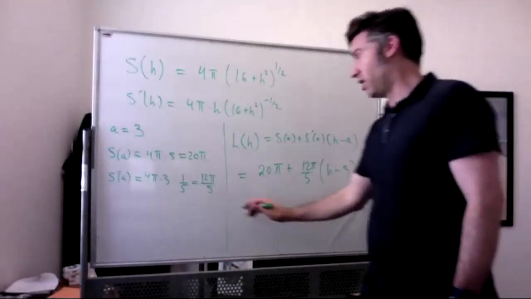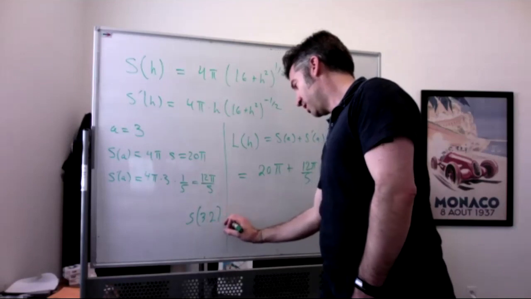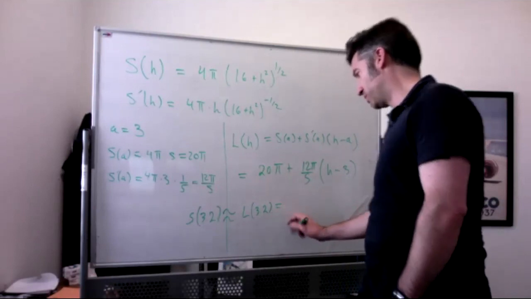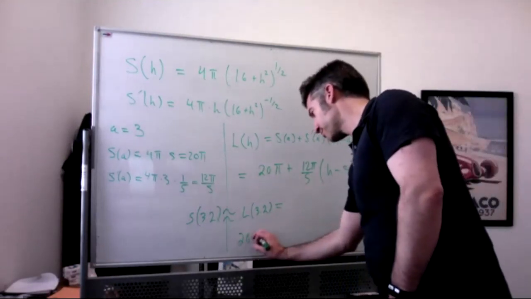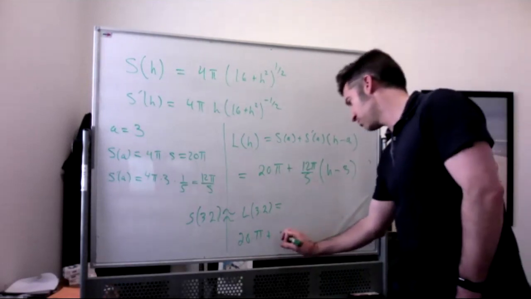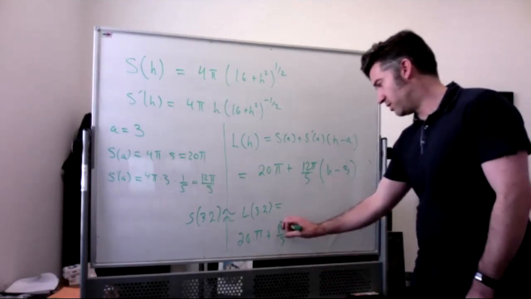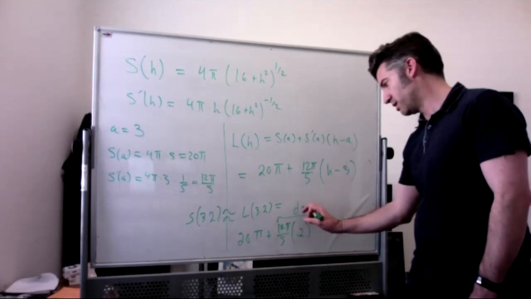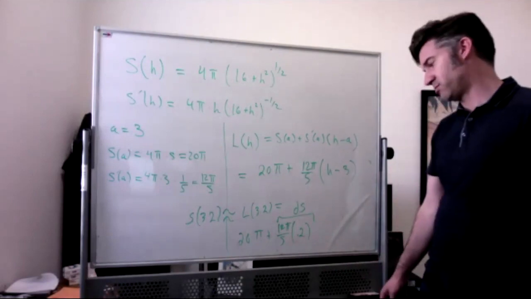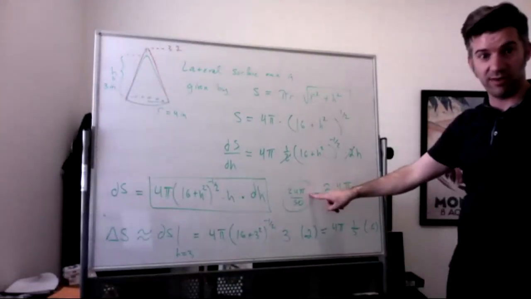So if we approximate the surface area when h is 3.2, it's going to be approximately the linearization at 3.2, which is 20 pi plus 12 pi over 5 times 3.2 minus 3, which is times 0.2. But this part here is exactly your ds that we just found. 12 pi over 5 times 0.2 is 2.4 pi over 5, or 24 pi over 50.